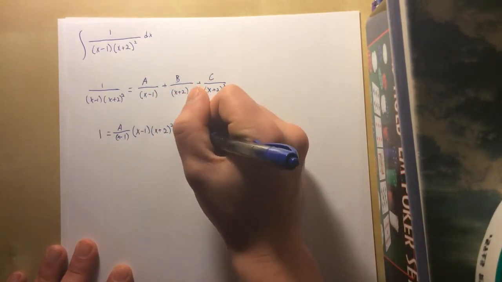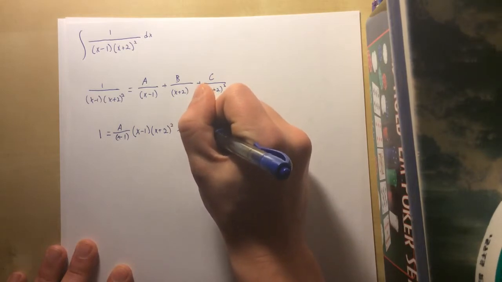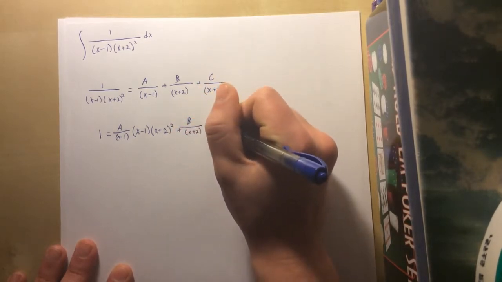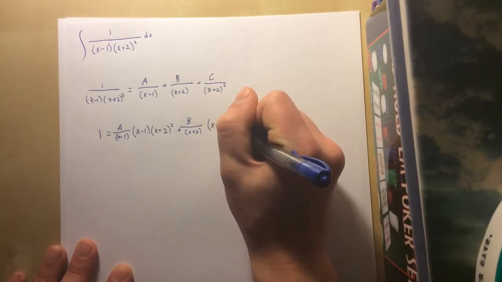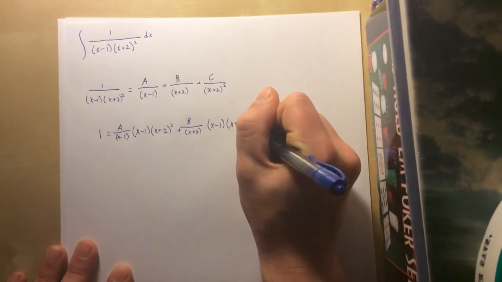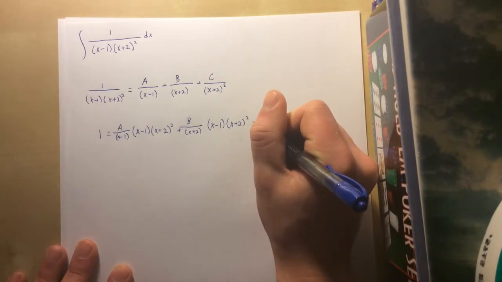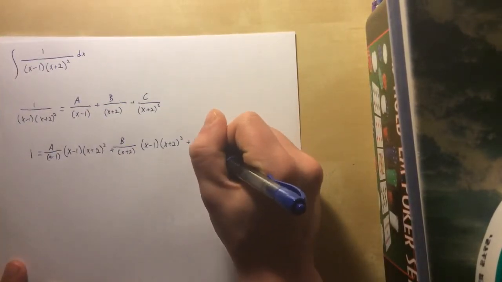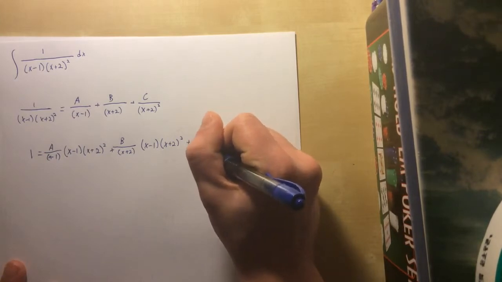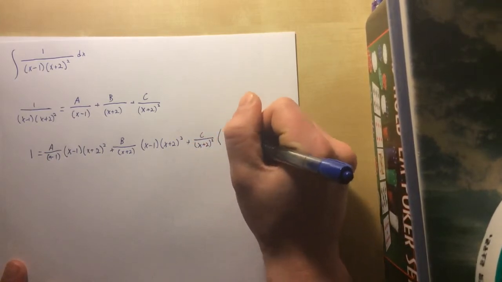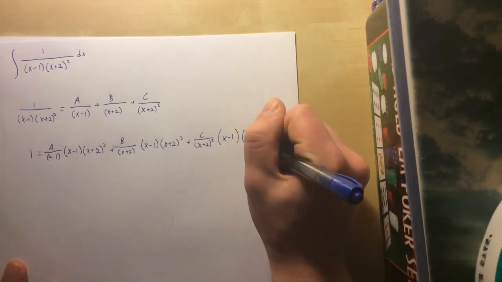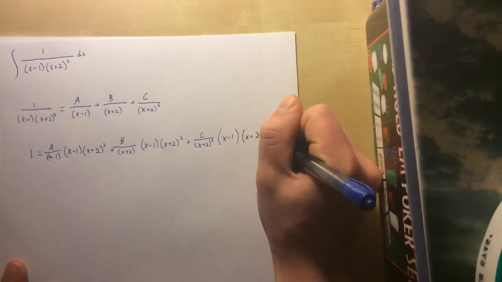And then we have the b term, which is b over x plus 2 times that denominator. And we'll do the same thing with c.